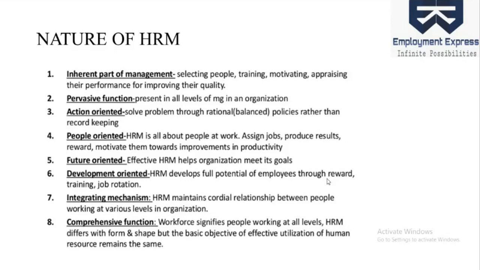We need persons to do their work at every level of management. If a person is working at the CEO level, we need workers at this post, and to work at this post we need the manager level and the labor level. Next thing is related to action oriented.